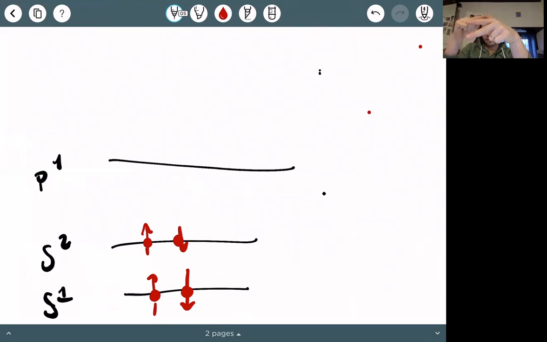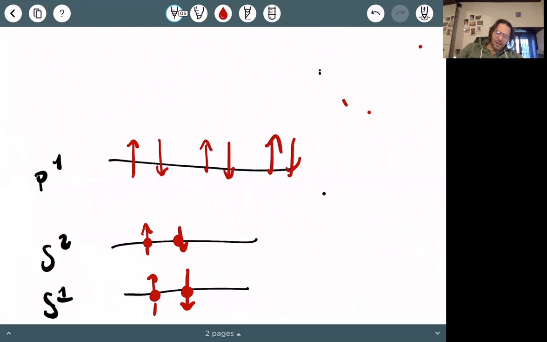So the maximum number of electrons such that 2 electrons don't have the same quantum numbers is actually 6 in this case. So I can accommodate this, this, this, and this. Any of these 6 states would be in a p state. So this is for m equals 1, m equals 0, m equals -1.